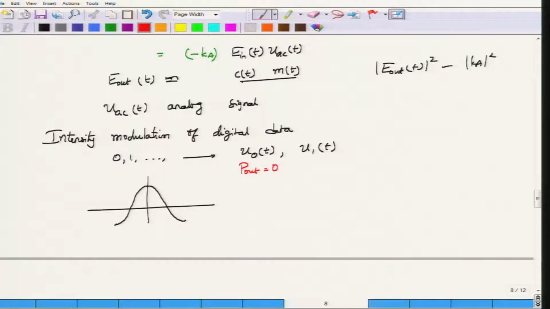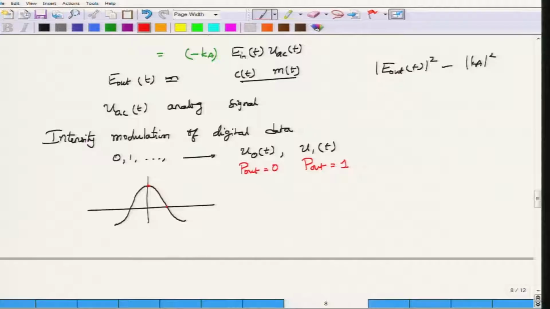When I get a bit 1, this bit 1 has to be mapped to output power equal to 1, that is to the maximum operating point of the Mach Zehnder modulator. So, you have to switch between the minimum transmission point or the 0 point of the modulator to the maximum transmission point, which would be at this stage, right. So, you have to switch between these two values as and when I get a sequence of zeros and ones.